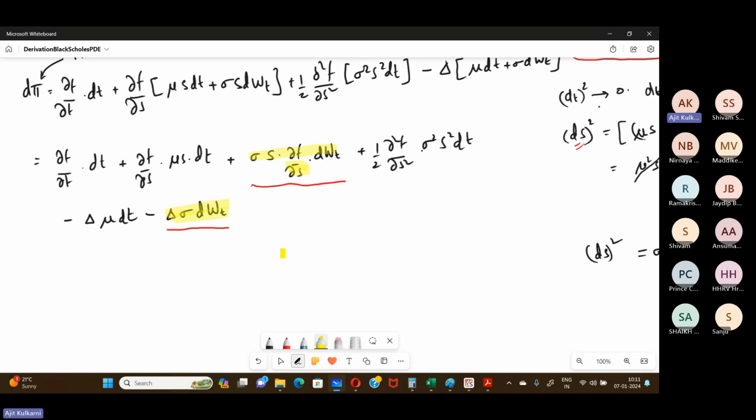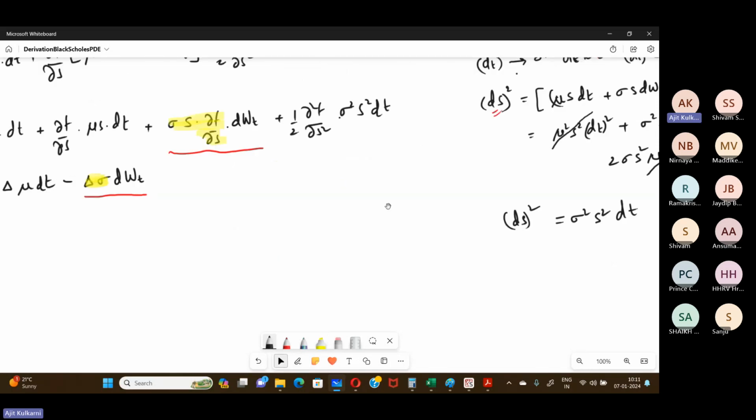So what is the coefficient of dWt? One is this and one is this, correct? So how to set that to 0? Sigma s into dou f by dou s minus delta sigma is equal to 0.